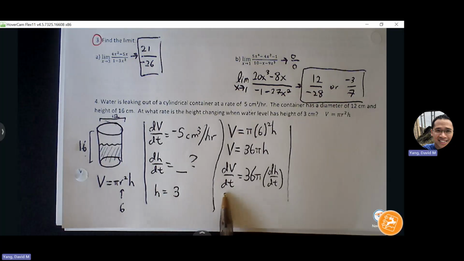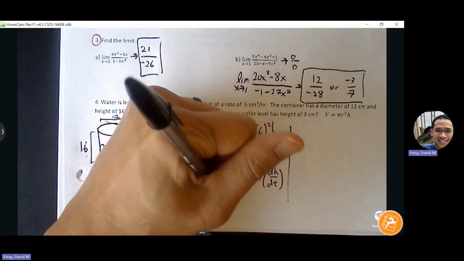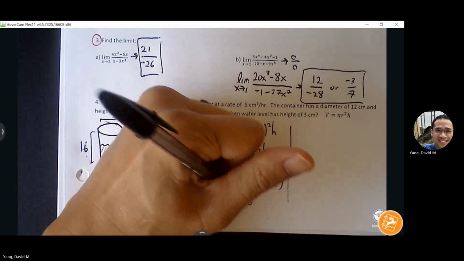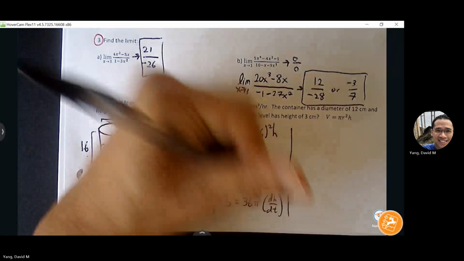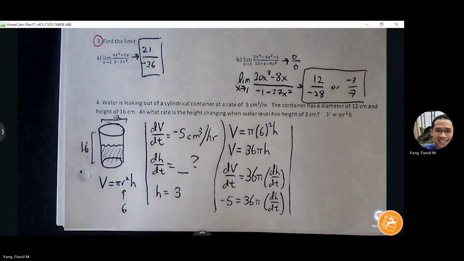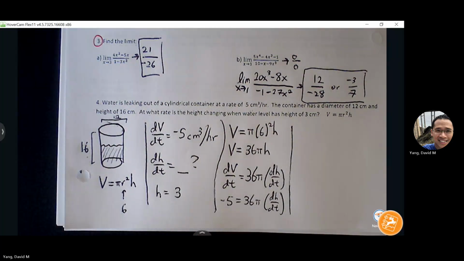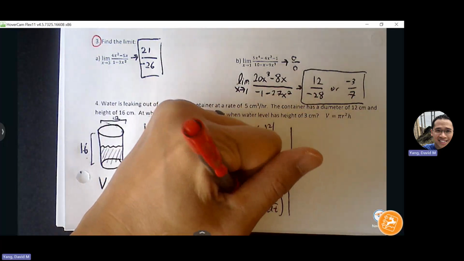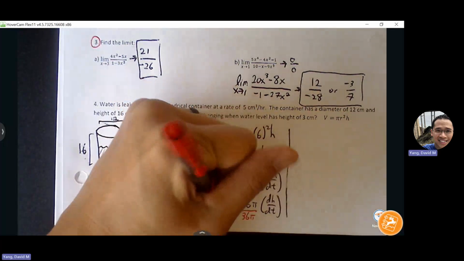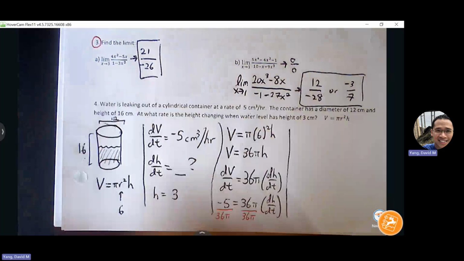Yes, that -5 for dV/dt. Solve for dh/dt by doing what? Bring everything over, divide by 36 pi. Where's the pi located? Denominator. It needs to stay there.